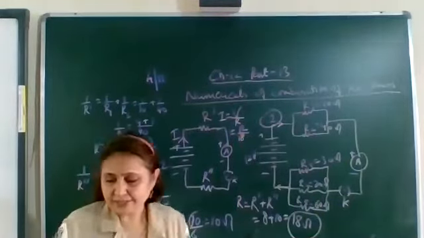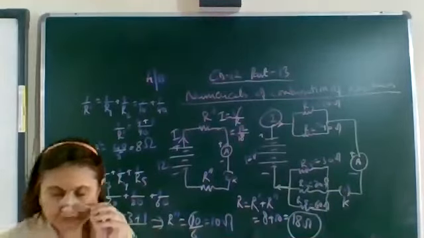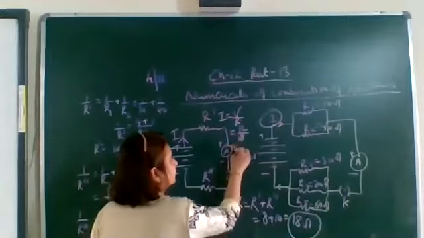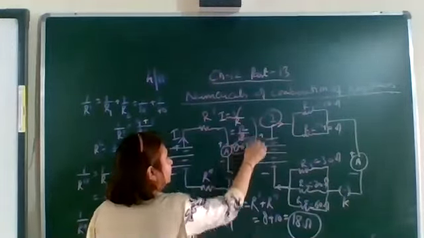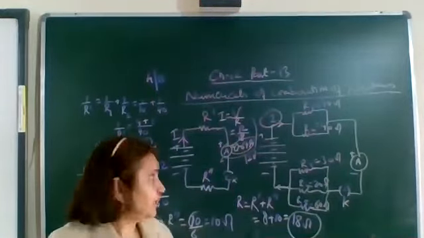So I is equal to 12 upon 18, and you can simplify it in decimals, which comes out to be 0.67 amperes. So the total current in the circuit is 0.67 amperes.